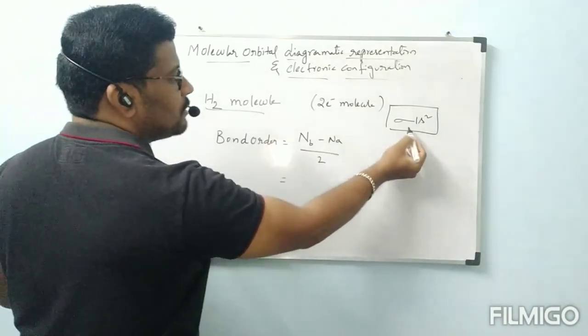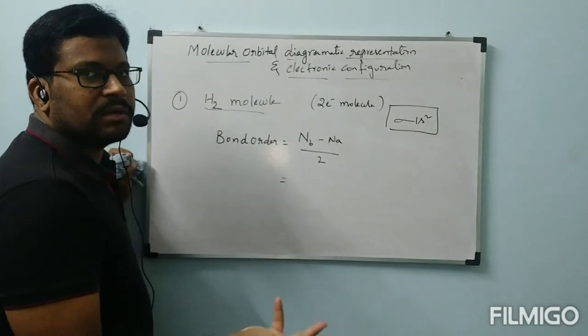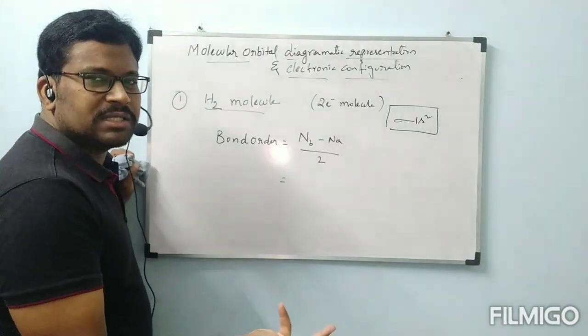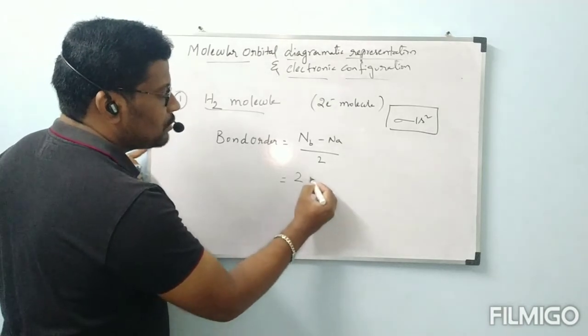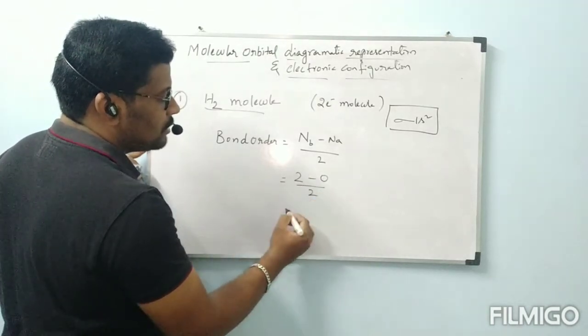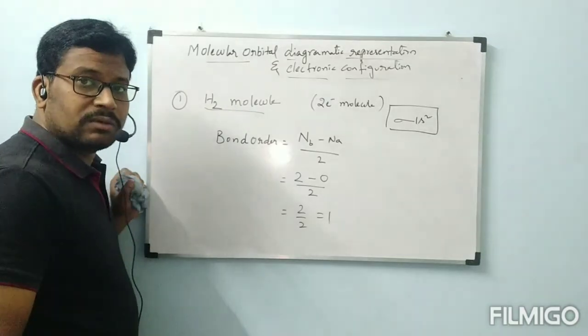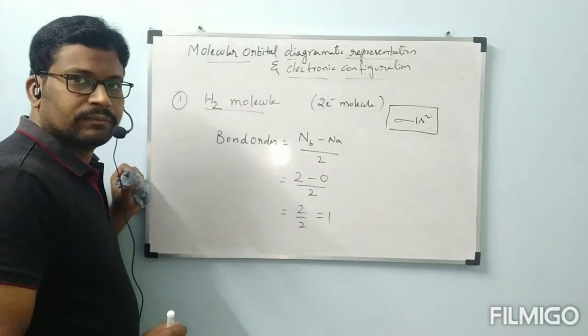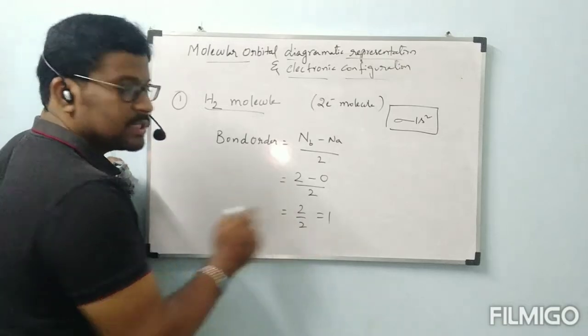In the H2 molecule, we have sigma 1s2. Two electrons are present in the bonding molecular orbital only. No electron is present in the anti-bonding molecular orbital. Correct? Then 2 minus 0 by 2, 2 by 2 is equal to 1. Bond order is equal to 1.